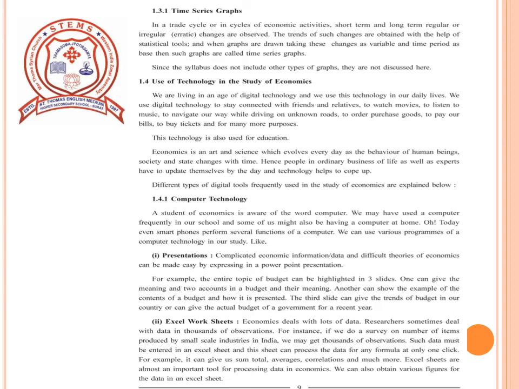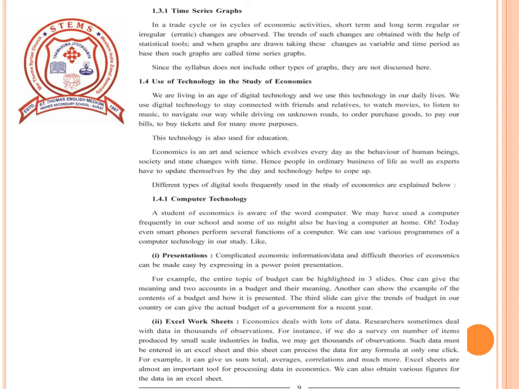So as and when the technology updates, people also have to be updated by having the appropriate knowledge to use the updated version of this technology.